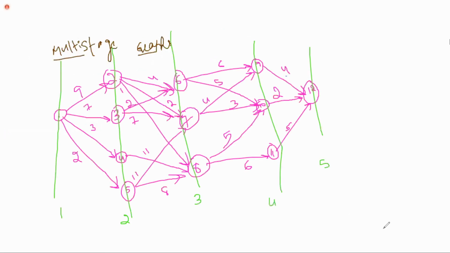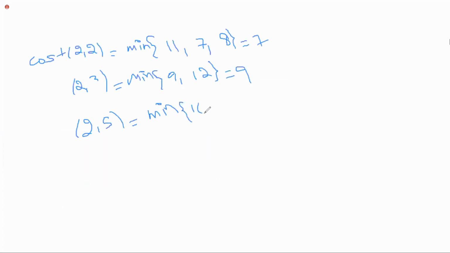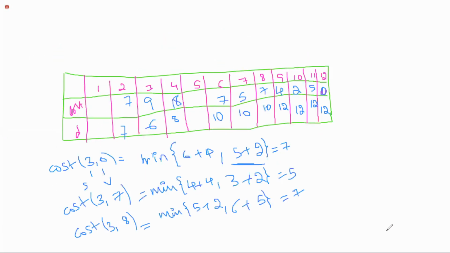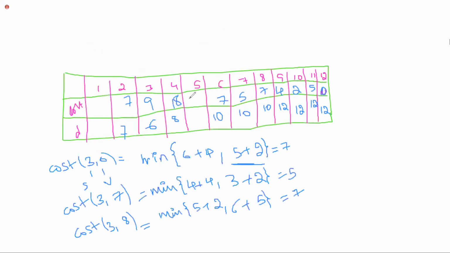What is cost of 7? 5. 11 plus 5 is 16, comma. What is the next outgoing edge? The next outgoing edge is 8. 8 plus cost of 8. Cost of 8 is 7. 8 plus 7 is 15. The minimum cost is 15, via the vertex 8, right? So 15 and 8.